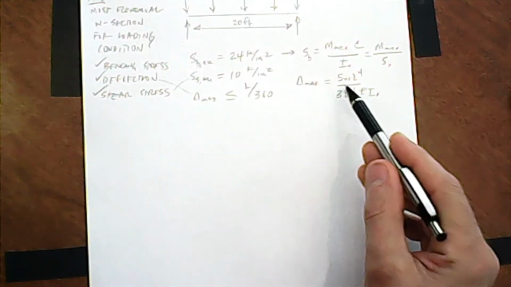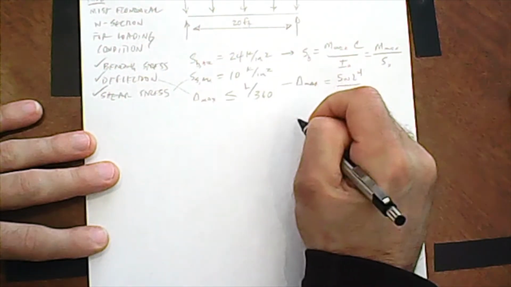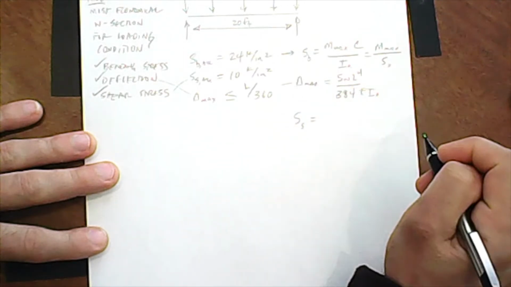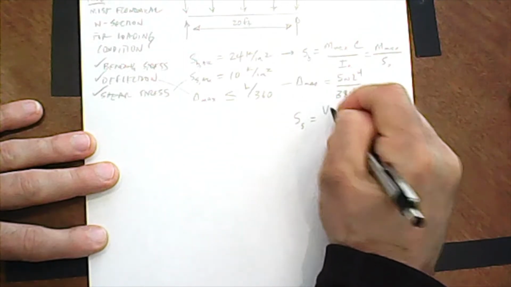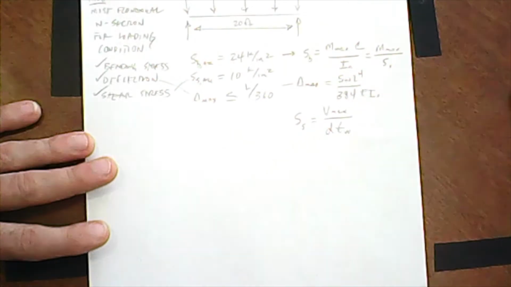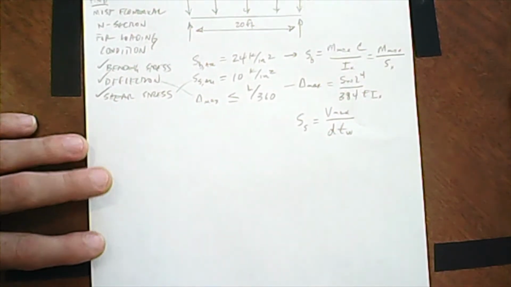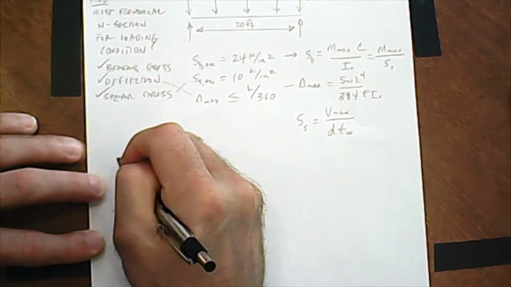You'll see I've written that down here. So that's our delta max equation, and then our shear equation for a W section is going to be V max over d t_W, and that'll be the last thing that we check. Okay, so let's first check the bending. So we'll get into the bending.